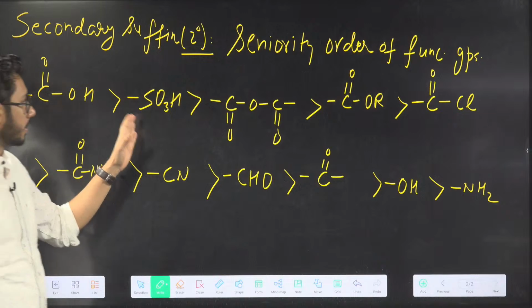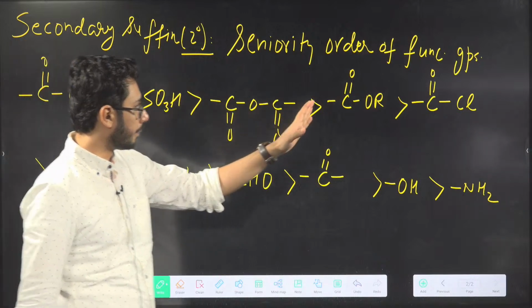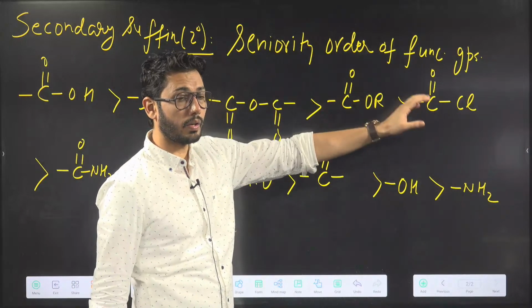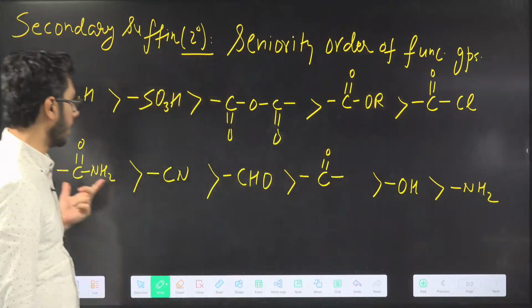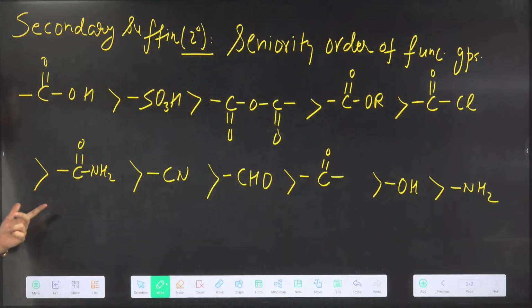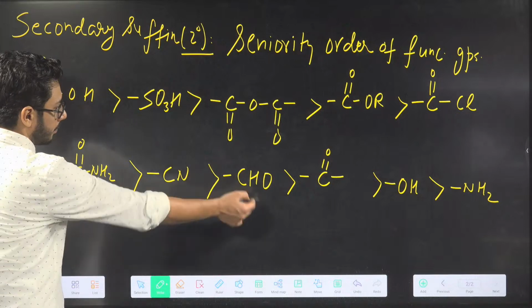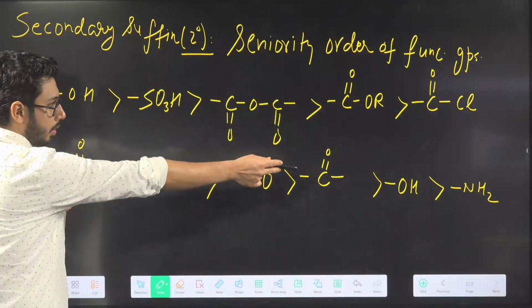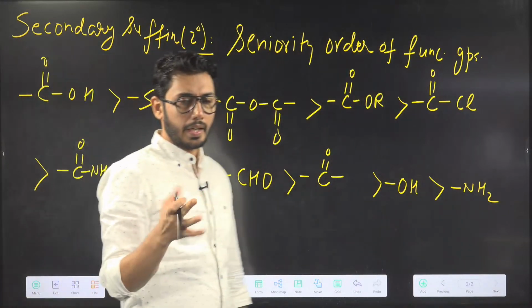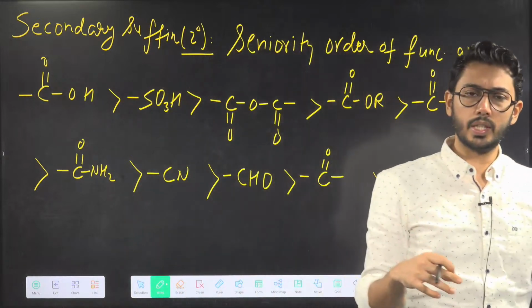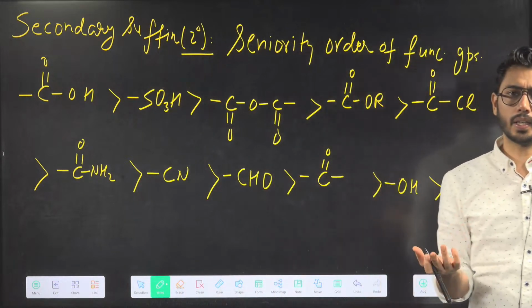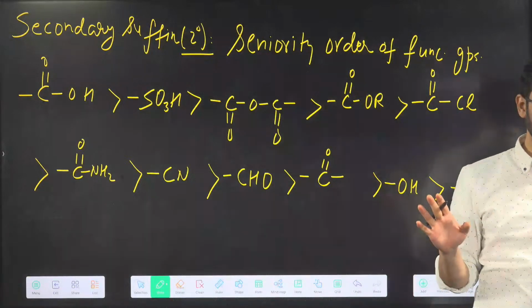Carboxylic acid, sulfonic acid, acid anhydride, ester, acid halide or acyl chloride, acid amide or amide, cyanide, aldehyde, ketone, alcohol, NH2. Isocyanide is nowhere used in naming. In the materials you might get other groups, but that is irrelevant.